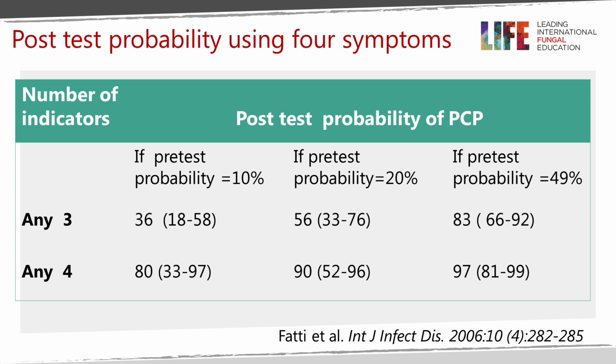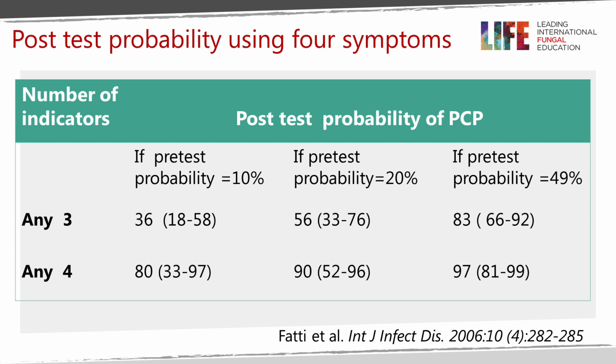And what they found was that if you had any of the three symptoms in a population where the probability was 10%, your post-test probability of PCP in that population was 36%.